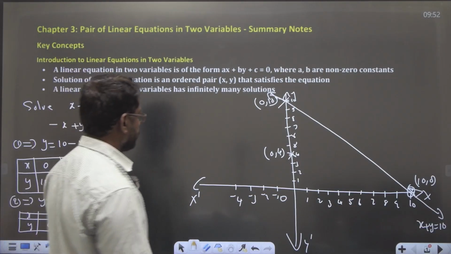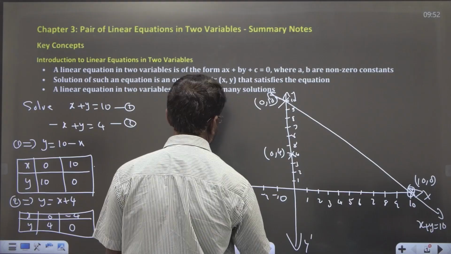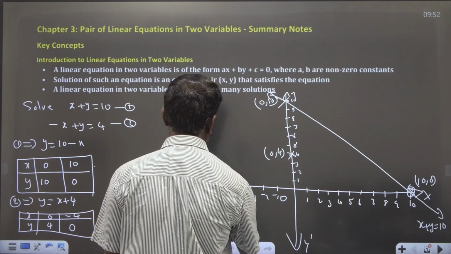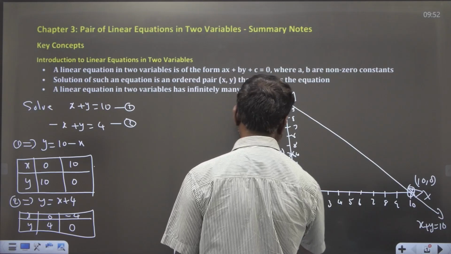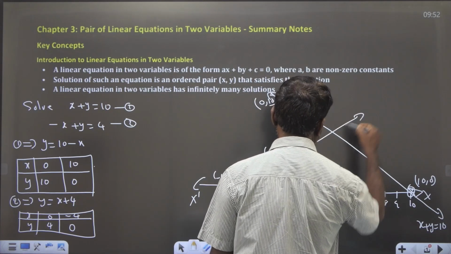So this is the point (minus 4, 0). Draw this line.